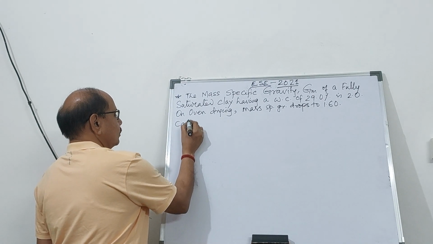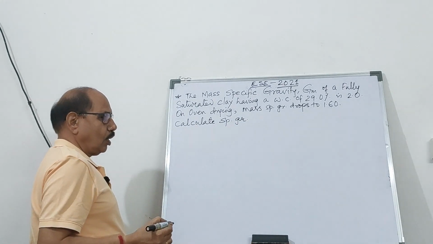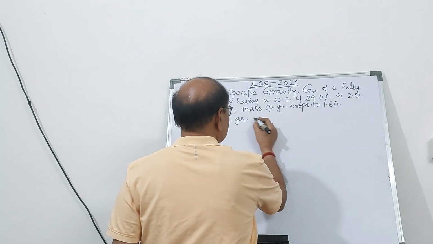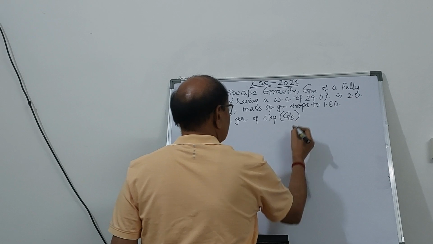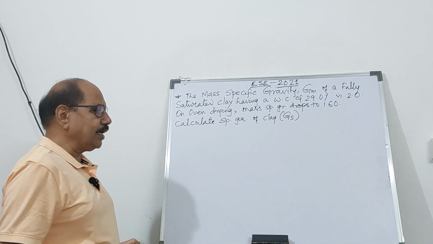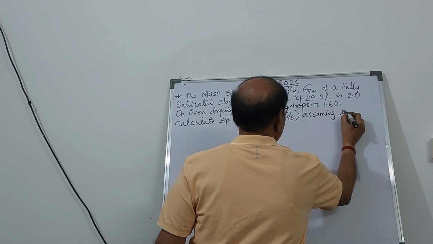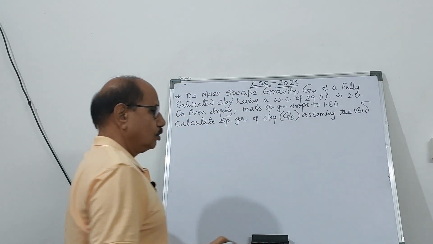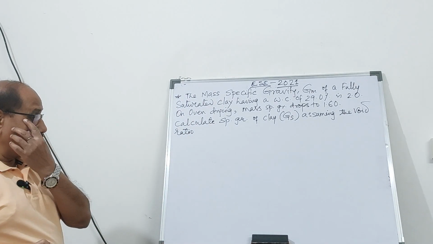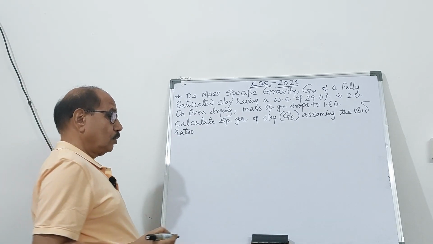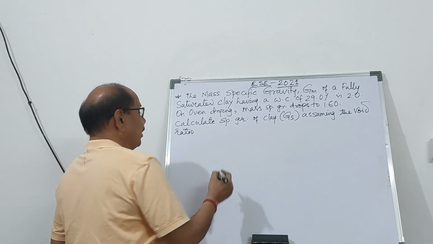Calculate the specific gravity of clay, that is G_s, the specific gravity of soil solids, assuming the void ratio to remain unchanged.